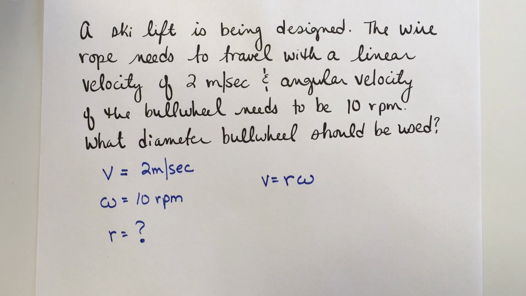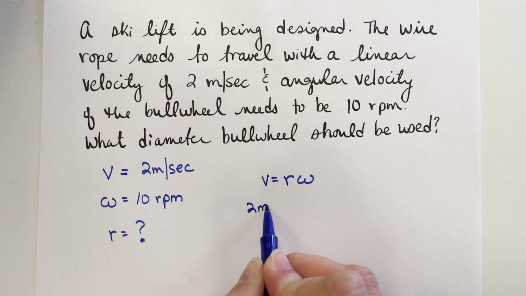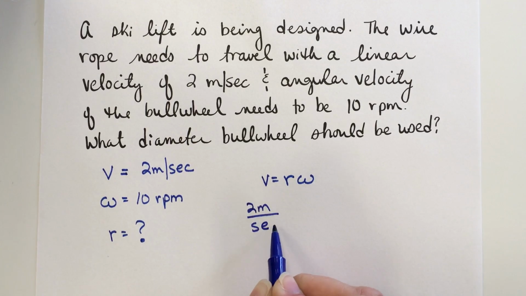Okay, now if you want to go ahead and get R on one side by itself, you can. Of course, that's going to end up giving you a fraction to work with. I think I'm just going to leave my formula this time and plug in my information. Okay, so for V, I have 2 meters per second.